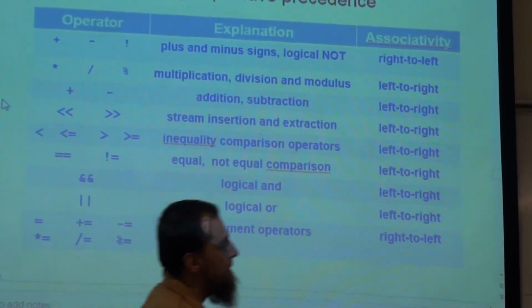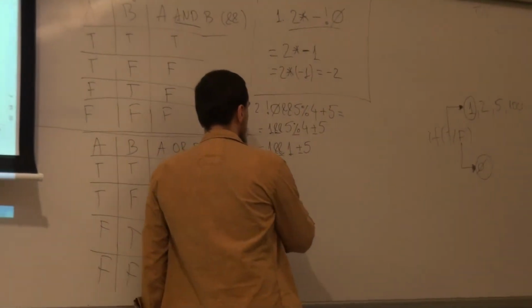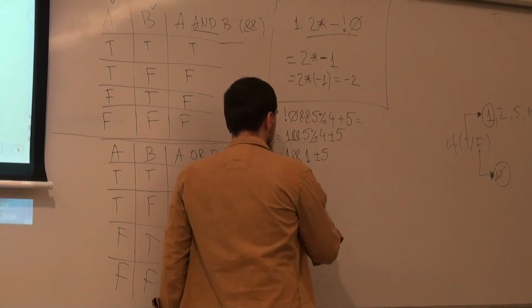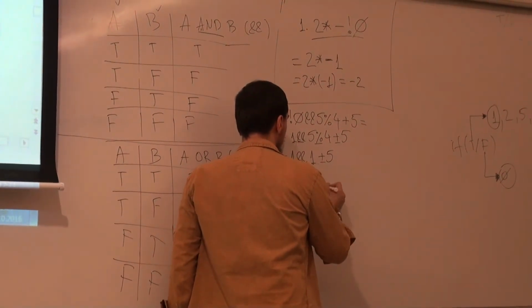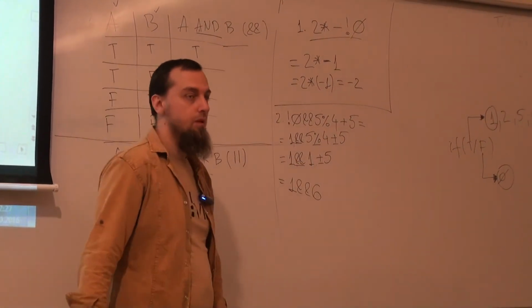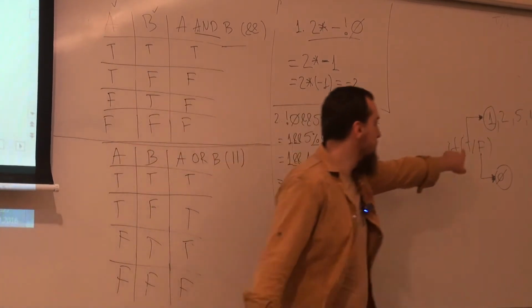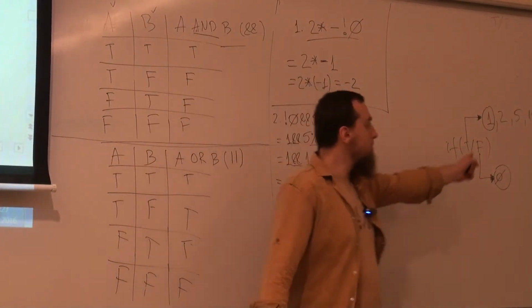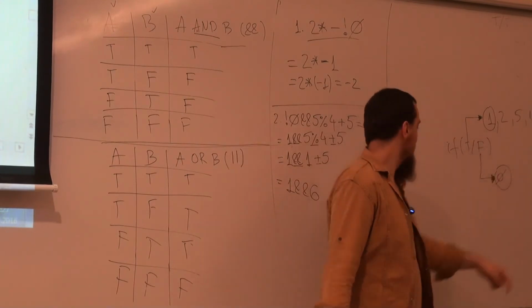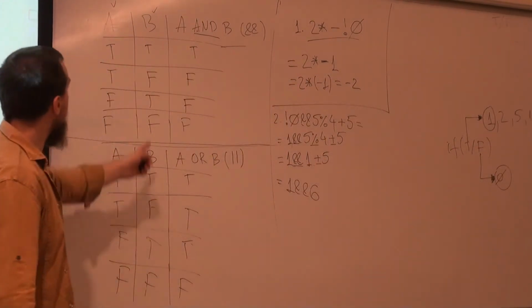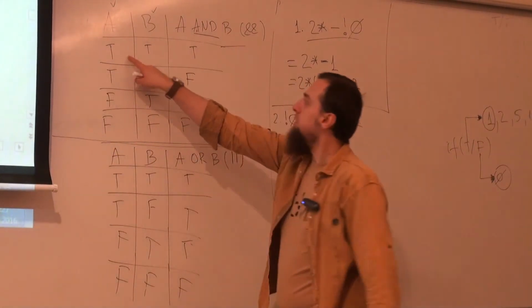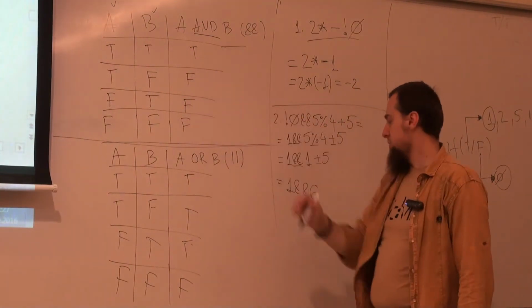The addition. So this is equal to 1 and 1 plus 5, which is 6. Now 1 means true. 6 also means true. So true and true, how much is that? We can see it here. True and true is true.